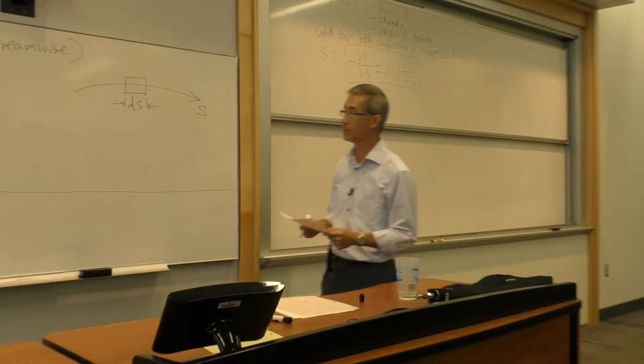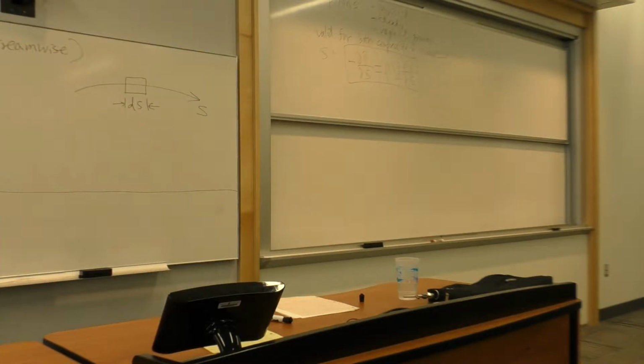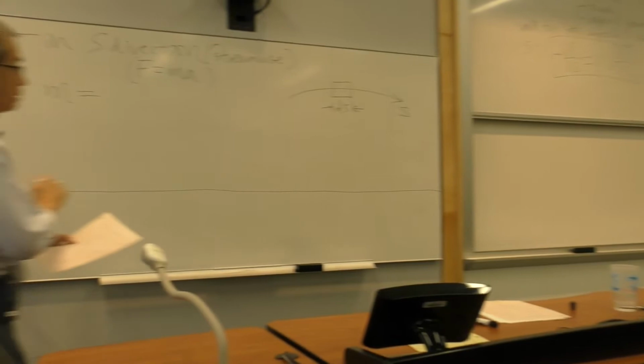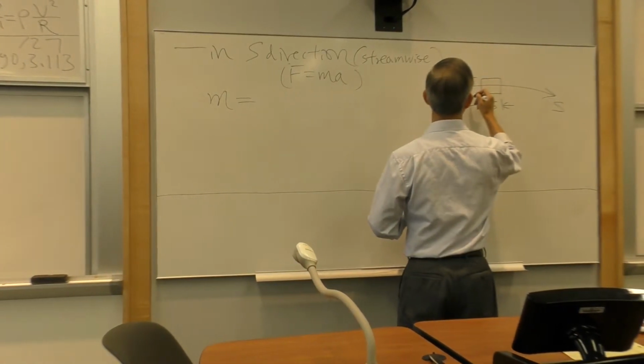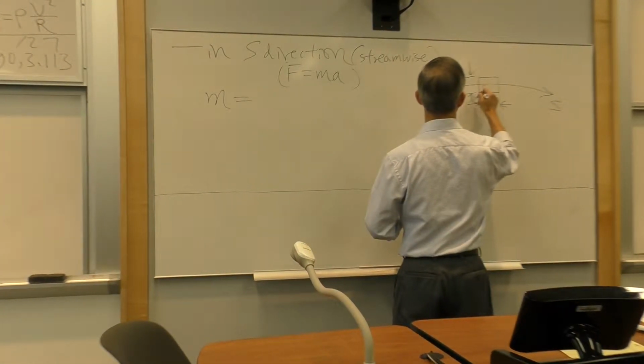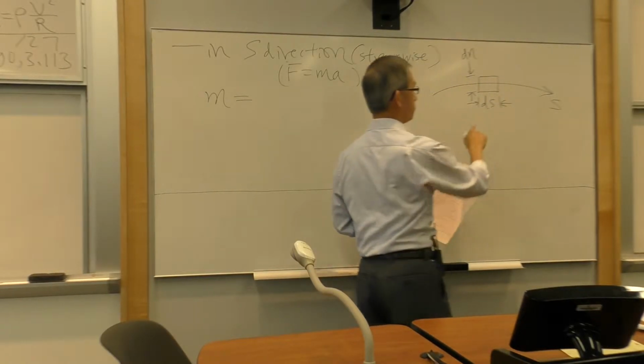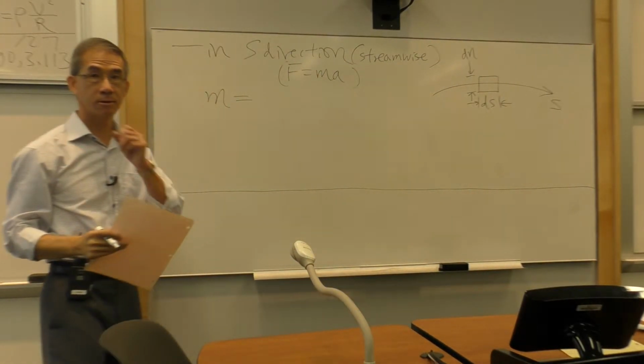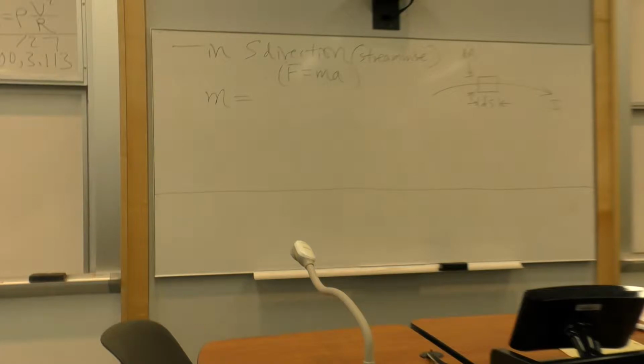Okay, so let me start with the simple term. Start with the mass, or differential mass. What do you think that will be equal to? Let me lay out the dimension. So I have ds in the streamline direction, dn, the outward normal, perpendicular.